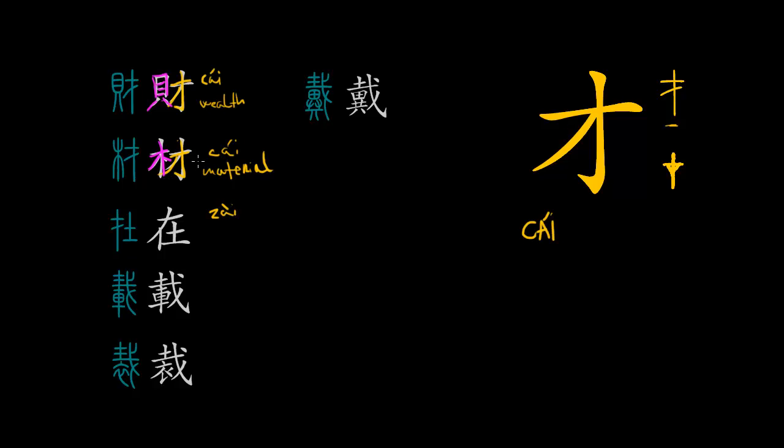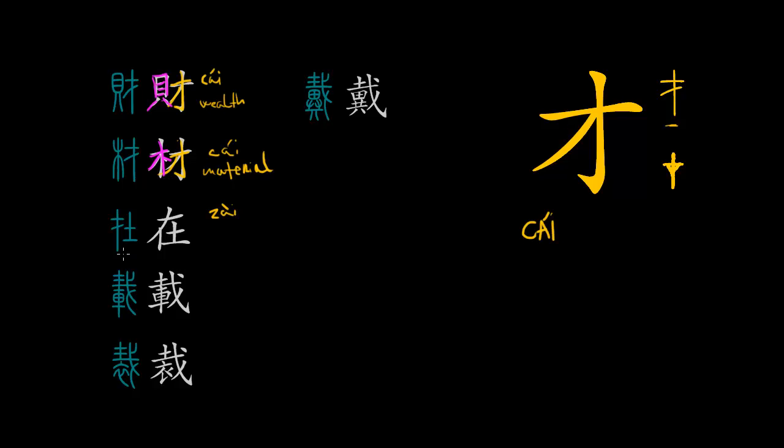The first 2 characters were pronounced in the second tone, cai, and this is zai, so second tone versus fourth tone. And the initial consonant in the first 2 characters was c, so cai, cai, and this is z, zai. But if you look at the regular version of the character, you don't see this phonetic element in it anywhere.